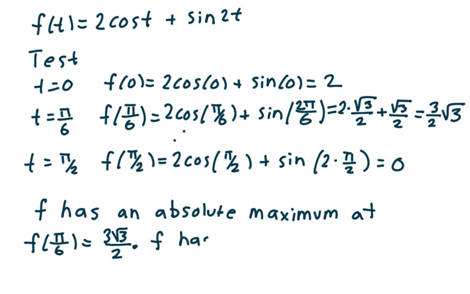F has an absolute minimum at f of pi over 2, which is equal to 0. 0 is the smallest y value. 3 square root of 3 over 2 is the biggest one.